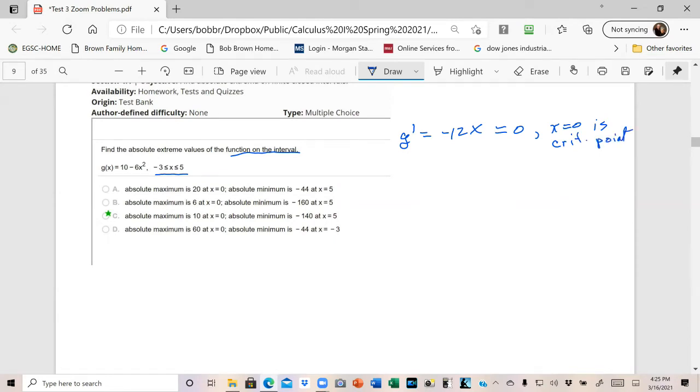So now we calculate the value of the function at the critical point, and plugging in, you get 10 minus 6 times 0 squared, equal to 10. So this is the value at the critical point, and now we need to check the left endpoint.